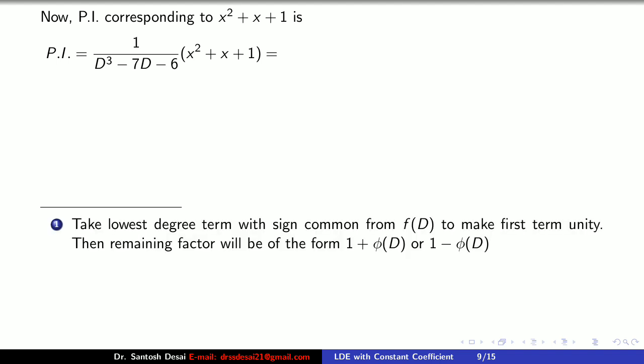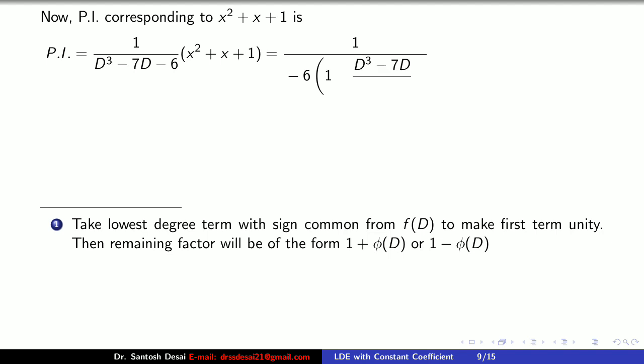So the first step is we have to take the lowest degree term with sign common from f of d to make the first term unity. So if you observe the denominator, the lowest degree term is 6 and its sign is minus. So therefore we take minus 6 common from the denominator. So minus 6 into, now the important step is this one. First we write 1, then skip the minus 6 and write the remaining terms in the numerator.